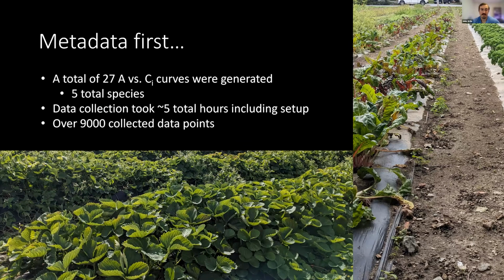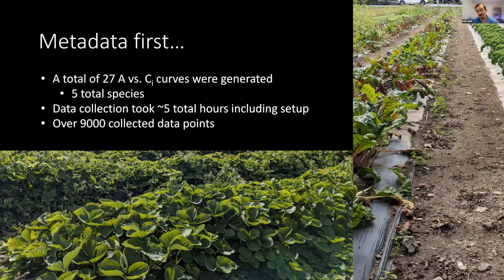I took a total of 27 A-Ci curves for those 5 total species. This data collection took around 5 hours, including the setup, moving around the farm to various locations to seek out the plants I was interested in, and the breaks in between plants so that I could make sure I set everything up appropriately, periodically checking the data.